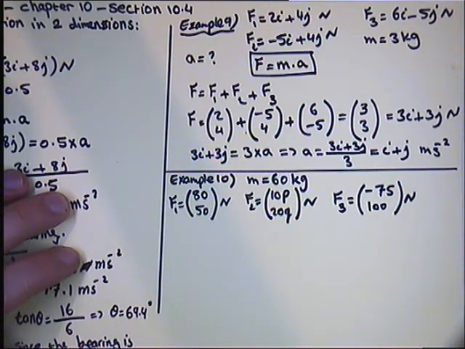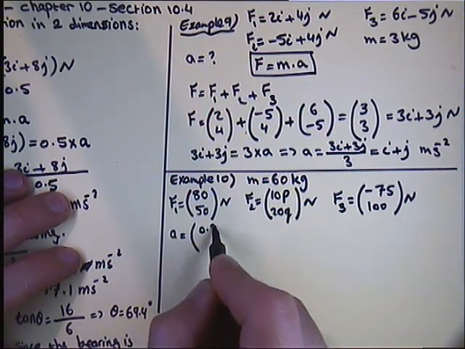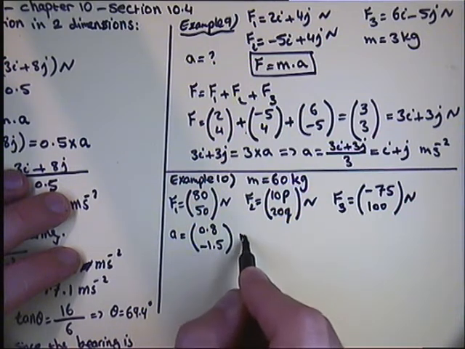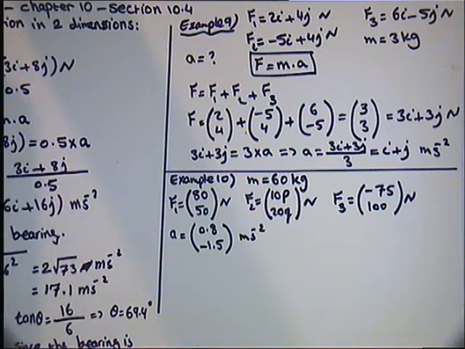Given that the boat is accelerating at a = 0.8, minus 1.5 meters per second squared, find the values of p and q.